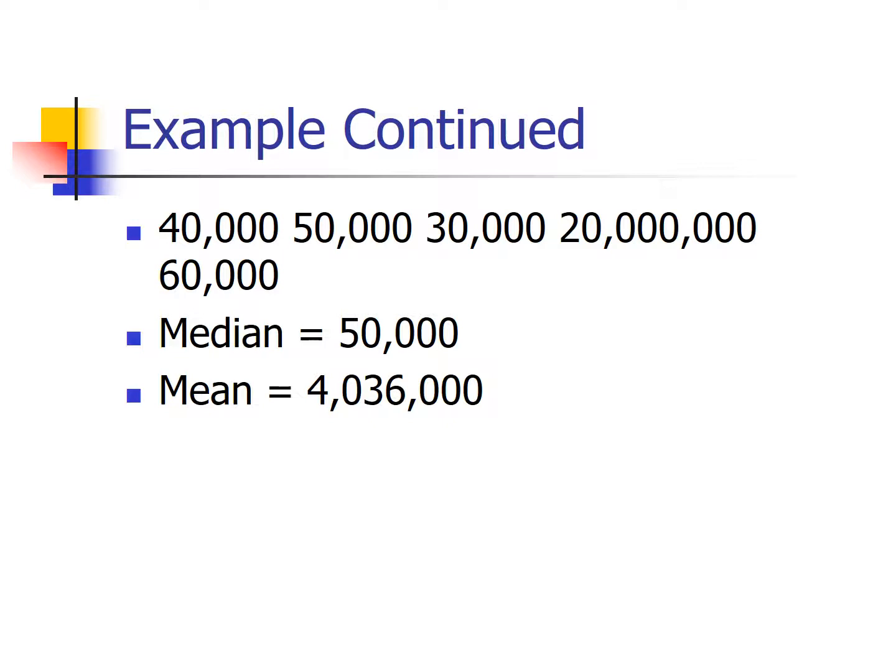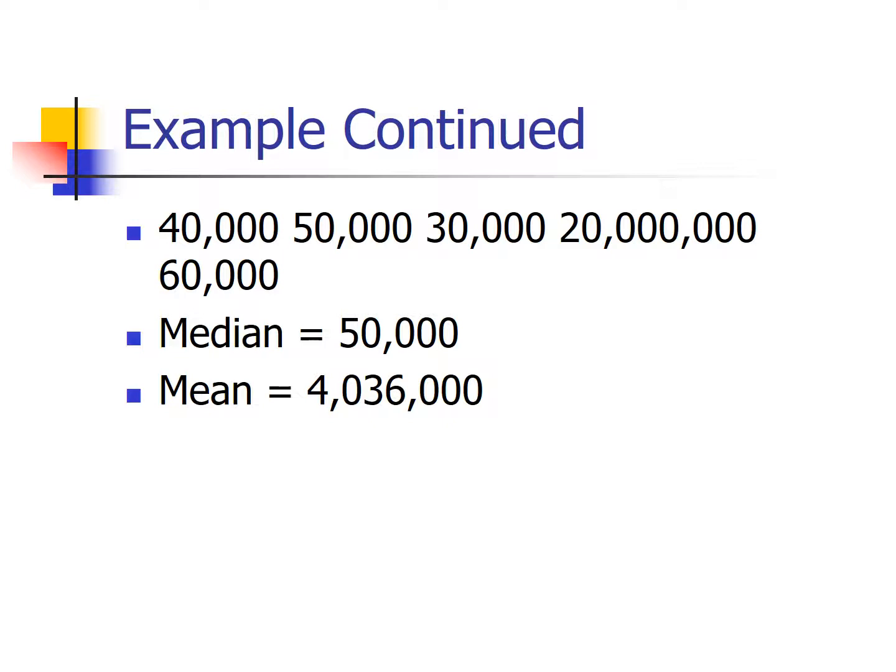What happened? Where did we go wrong? Because hopefully you agree with me that that 4 million sounds awfully nice, but it's not a realistic number looking at what's going on in our data set. Probably we would say that most of the people are making somewhere in that $30, $40, $50, $60,000 range, in which case the median of 50,000 is a very reasonable number for the average.